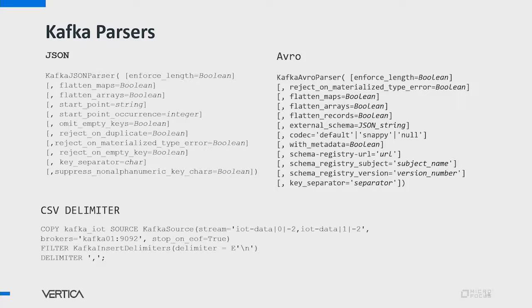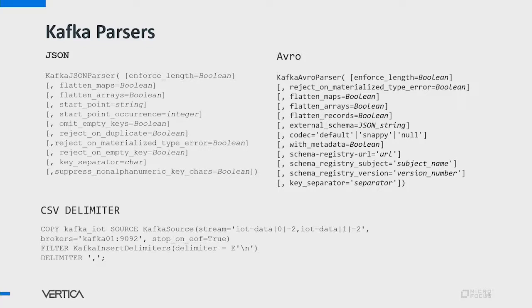Especially for CSV data, there is a very important parameter that we need to specify. We need to insert a delimiter between each message. This is what we do with this filter, Kafka insert delimiters, as you see in this example. If we don't specify this parameter, it will be like processing a CSV file without any newline characters or carriage returns.